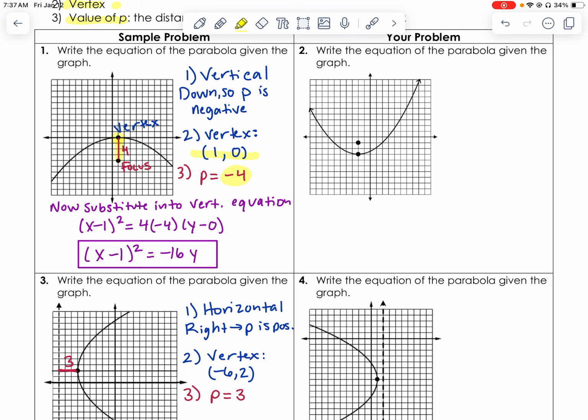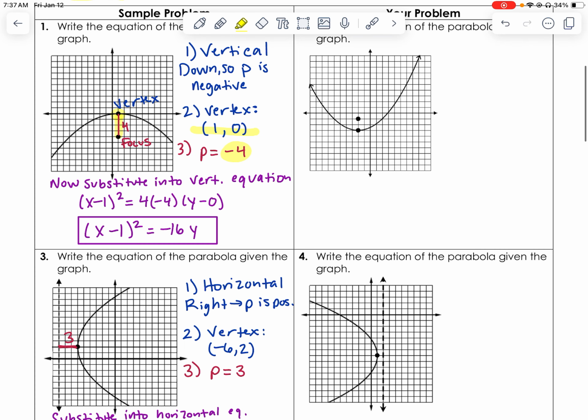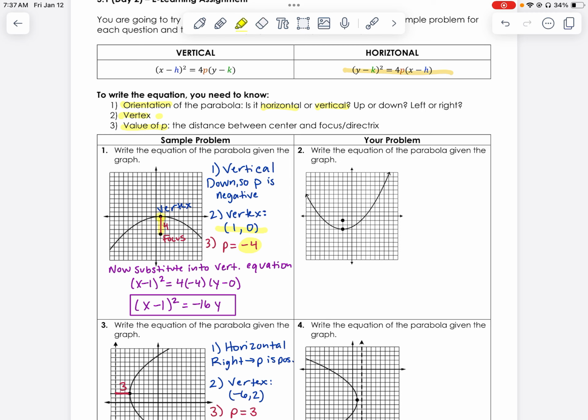Now we're ready to substitute into our equation. So now I'm going to plug in that information. Zoom out a bit so that we can see all the pieces. So here we go, following x minus h all squared. H is the x value, so that's 1. X minus 1 all squared equals 4 times p.